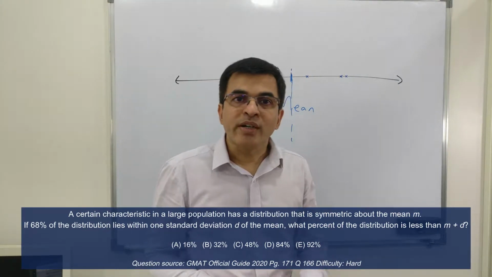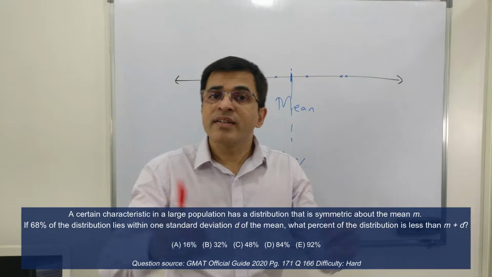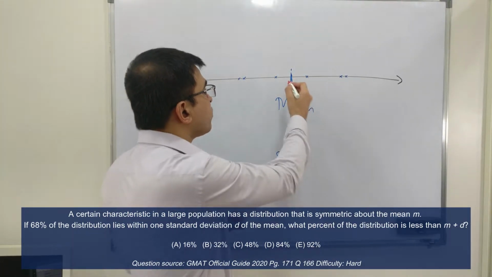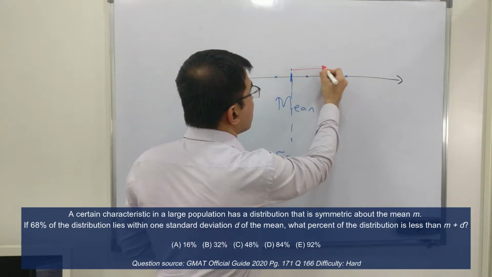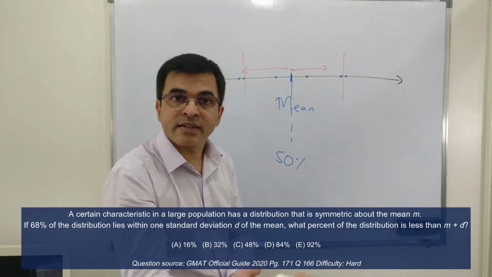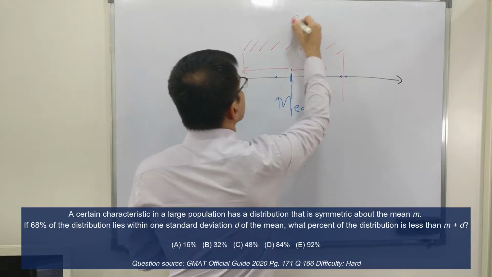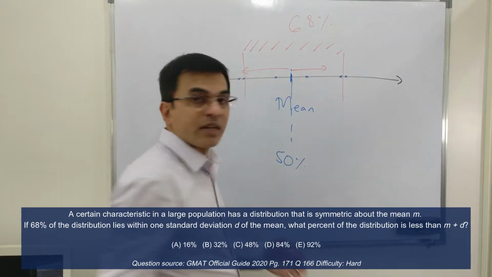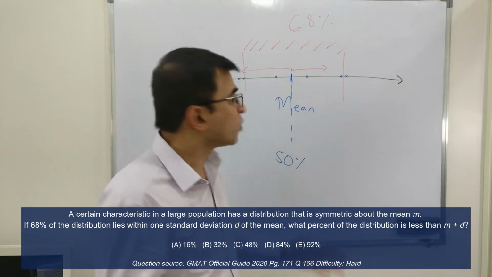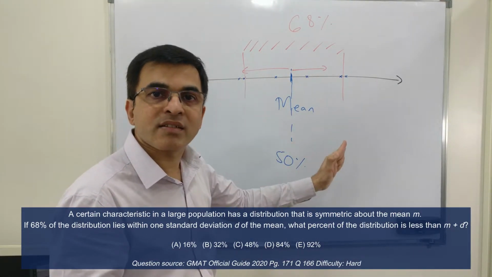So here we are told that 68% of the values are within one standard deviation of the mean. The mean is out here, and within one standard deviation of the mean could be this side and also this side. And this total coverage is given to us in the question as 68%. 68% of the values are within one standard deviation of the mean, which means on either side.